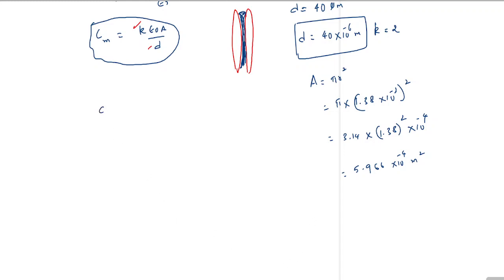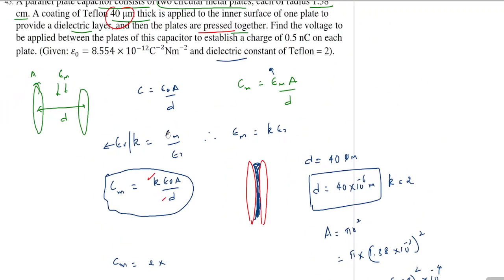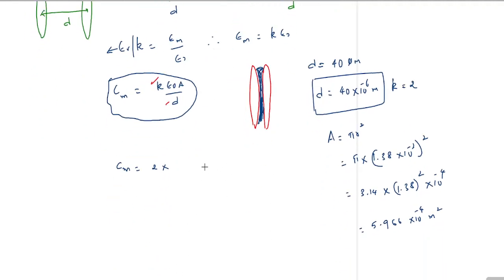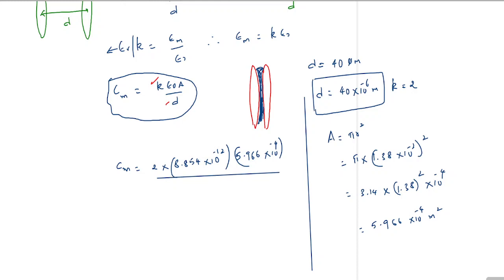So putting it back here, C in presence of a medium is equal to K, which was 2, into epsilon naught, a constant whose value is already given here, 8.854 into 10 power minus 12, and A is 5.966 into 10 power minus 4, by d. d here is the distance, which is 40 into 10 power minus 6.